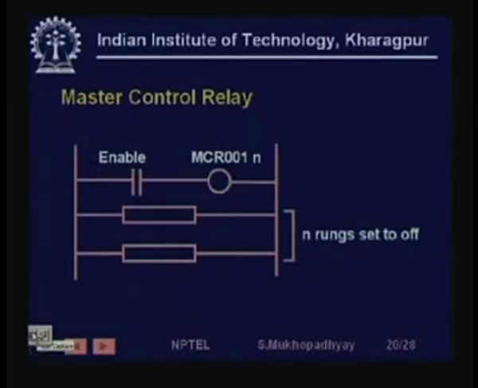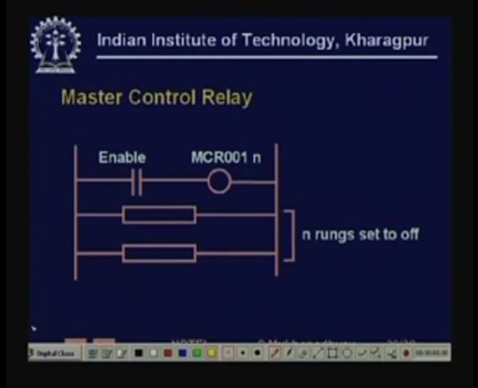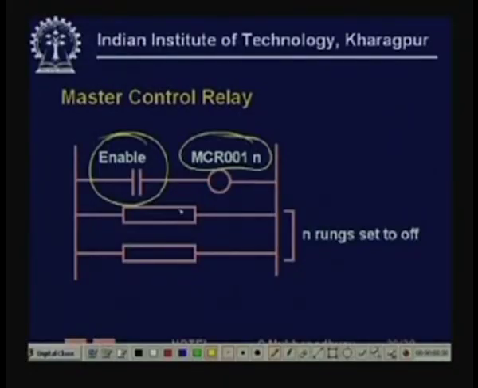Similarly, you can have another facility which we call the master control relay. This is also a program control statement, and it means that whenever the enable logic is satisfied, this MCR output coil, which is a very special output coil, is excited, and the next n rungs will be set to their outputs. Each one of them has an output coil here, which I have not shown.